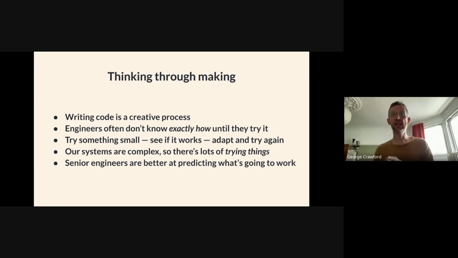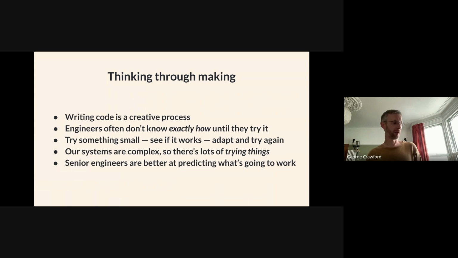And the more senior that an engineer is, the faster on the whole that they can get to a working end result. They're faster at writing code because their creative process is quicker. So when they're unsure how to do something, they're more likely to be able to work through that iterative cycle of trying something, changing tack, seeing where things might be going down a dead end, and eventually finding something which works.